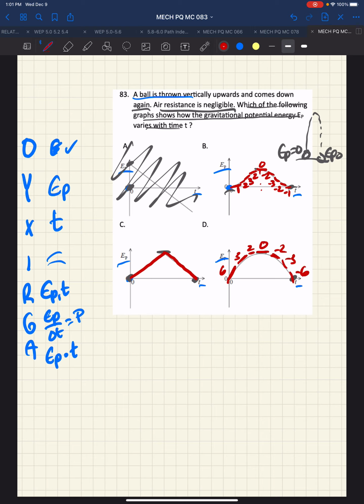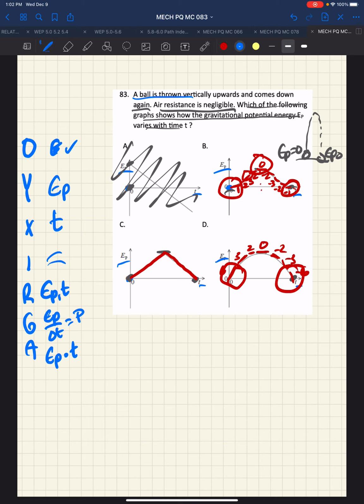So what this says is the biggest change for choice D occurs at the very beginning and the very end, the biggest rate of change of gravitational potential energy. And in choice B, the biggest rate of change happens in the middle, and it's very small at the ends and in the midpoint. So let's look at the slope in more detail.